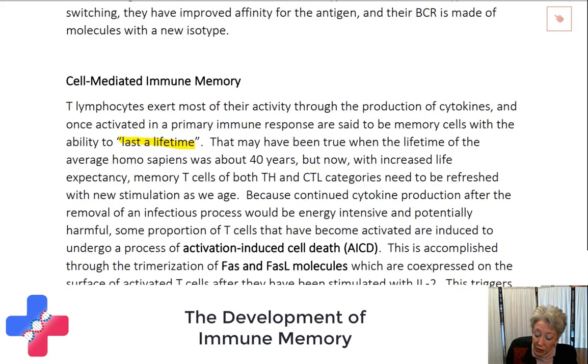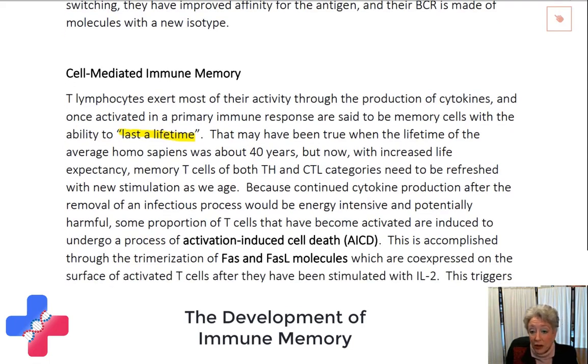But the problem is that we really were not designed to last as long as we currently last. So what we need to consider is that as we increase the lifespan of the human, it's going to be necessary to reinstill cell-mediated immunity at about a 40-year repetition cycle. That's probably about how long our early ancestors were designed to last.